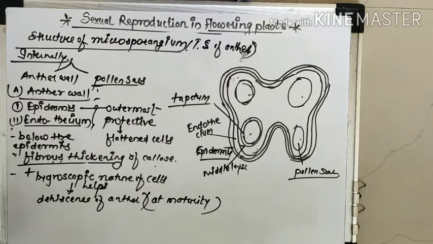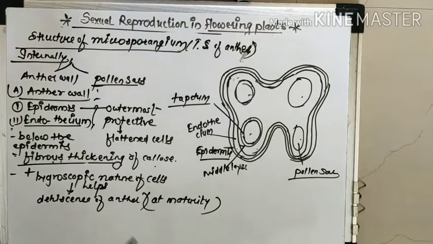Camphor, that is, कपूर, as we call it. Because of this hygroscopic nature, the cells will become dry, and because of this dryness and the fibrous thickening, it results in dehiscence, that is, breakdown of the anthers and release of lots of pollen grains. But this occurs at the maturity level. Once it is matured, dehiscence of the anther occurs.